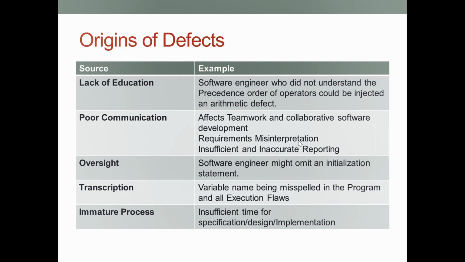Immature process as well as practices will lead to software defects. For example, if insufficient time for software specification, software design, as well as software implementation is given, then software defects will occur.